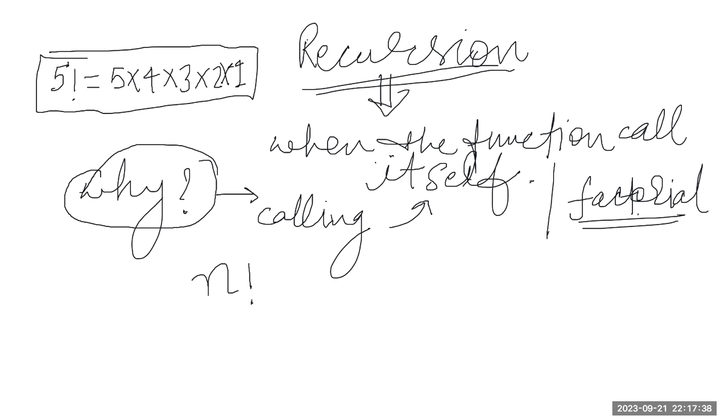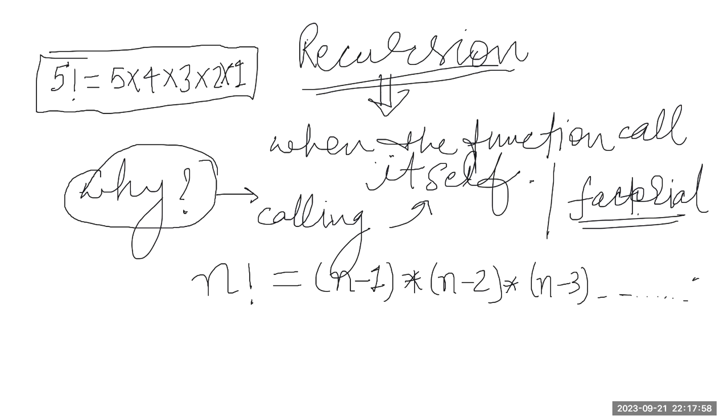What is your answer? n into n minus 1 into n minus 2 into n minus 3, and so on till I reach 1, because 5 factorial ends at 1: 5 into 4 into 3 into 2 into 1. So if I ask you for n factorial, you will say n into n minus 1 into n minus 2 till 1.